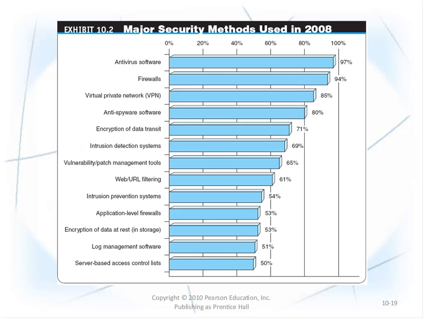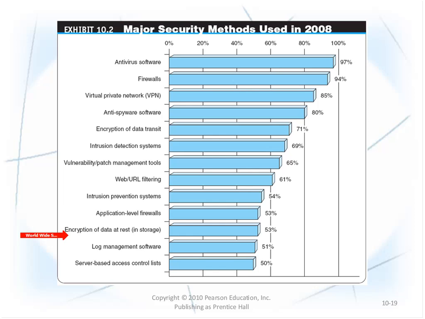Security methods are antivirus software, firewalls, VPN, anti-spyware, encryption of data, intrusion detection system, vulnerability management tools, web filtering, intrusion prevention system, application level firewall, log management software, server-based access controls.